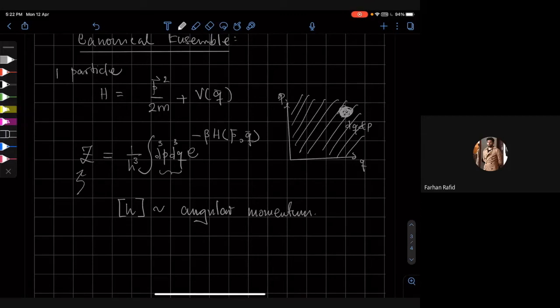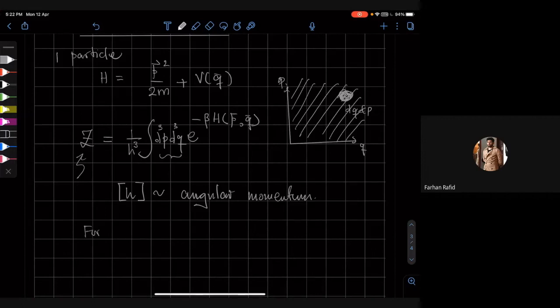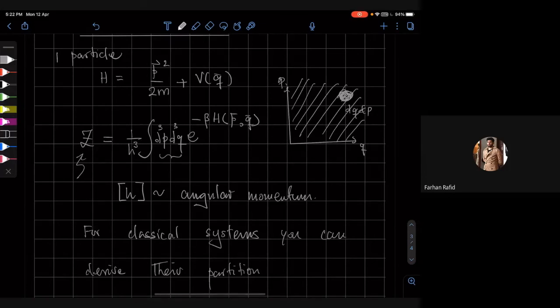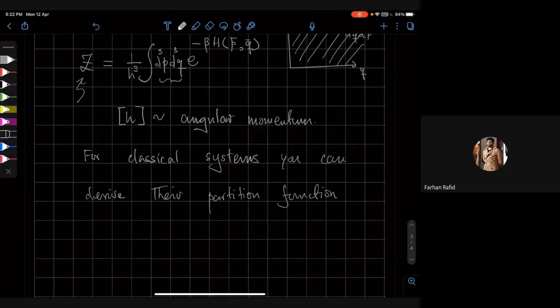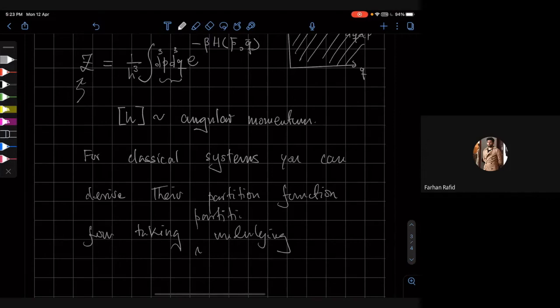And therefore, it's not surprising that for classical systems, you can derive their partition functions from the partition function of some underlying quantum system and taking their average.